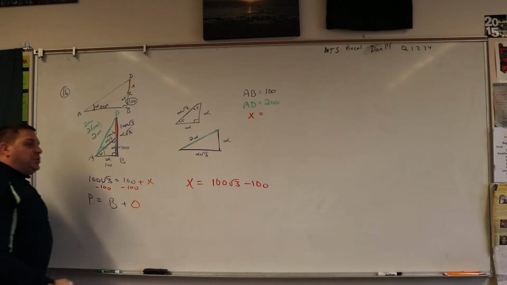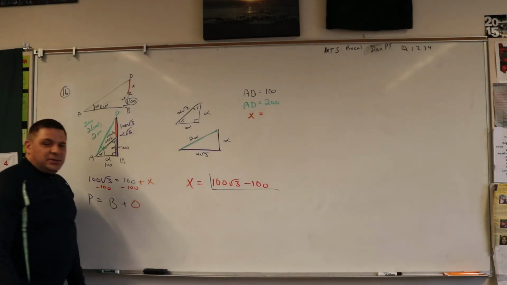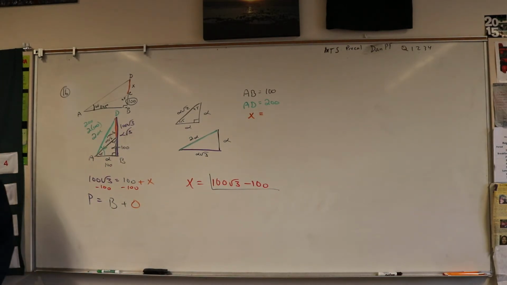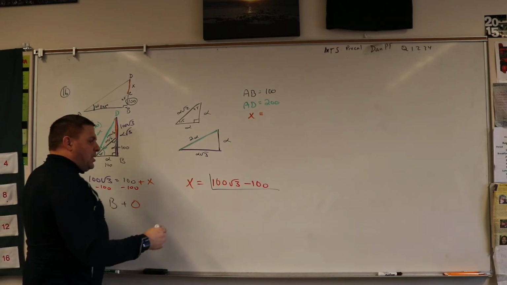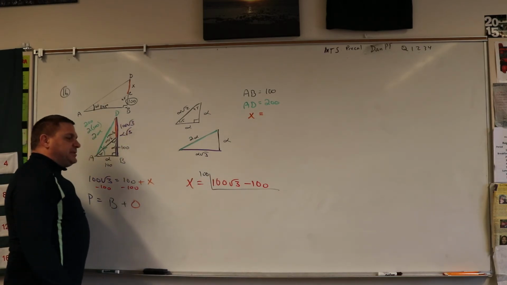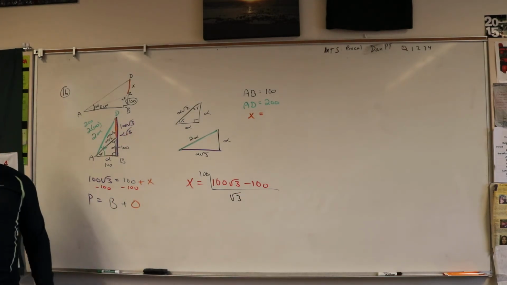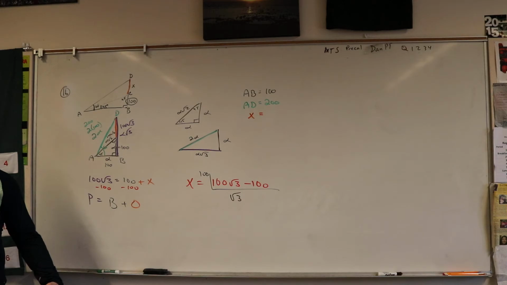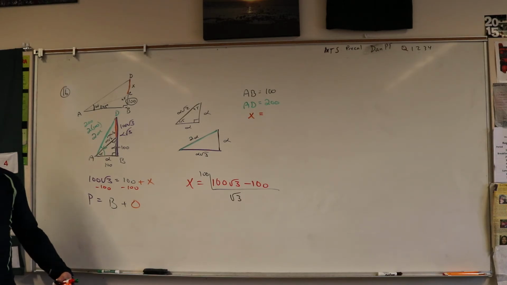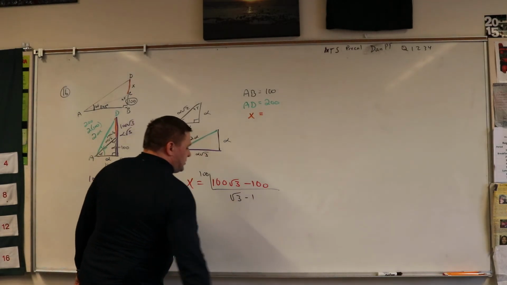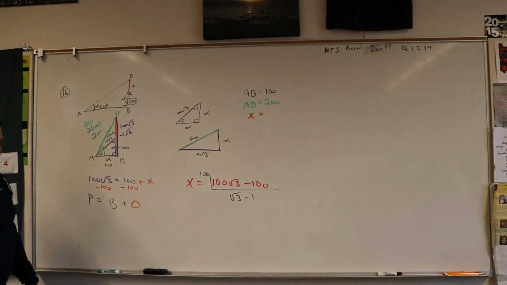Could we break this down? Could we pull something out of both of those? Yeah. 100? And what would be left? Square root of 3. And 1. Good. Minus 1. It's the negative.